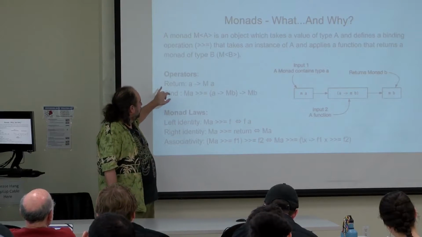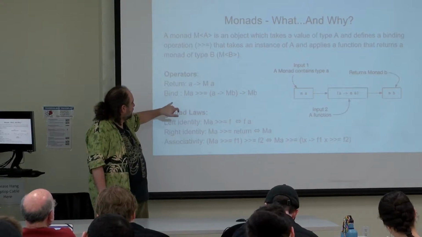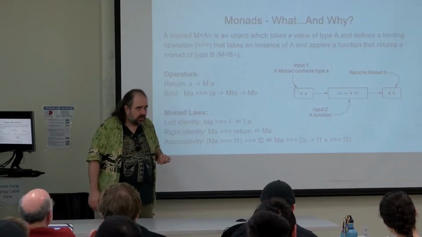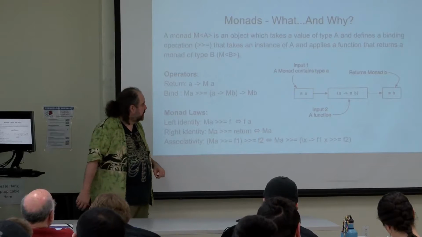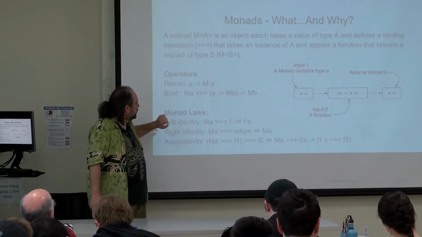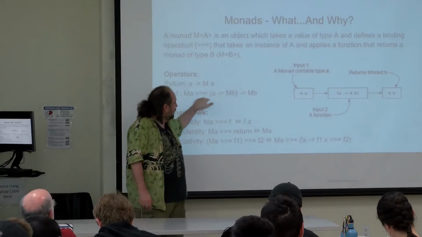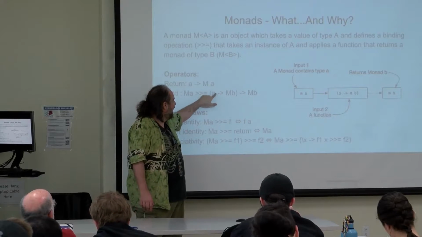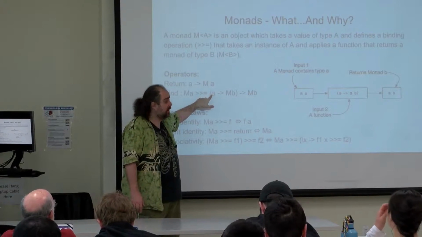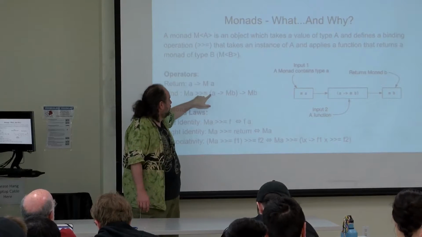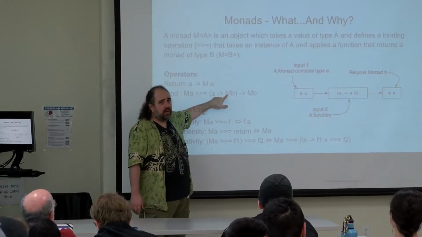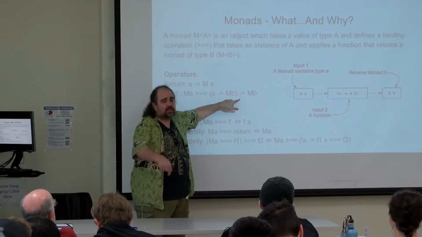And then, most importantly, this is where the juice is, the bind function. Now, a bind function is going to be like a lambda in C#. The bind function takes a lambda that takes your underlying type, so in this case, an instance of integer, and returns a monad of another type, or possibly the same type.